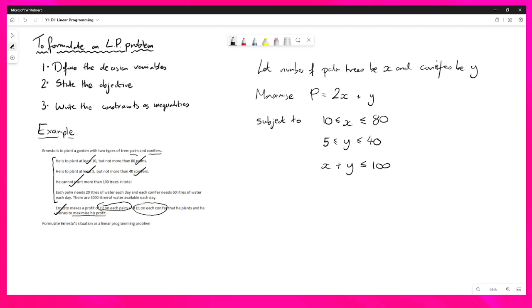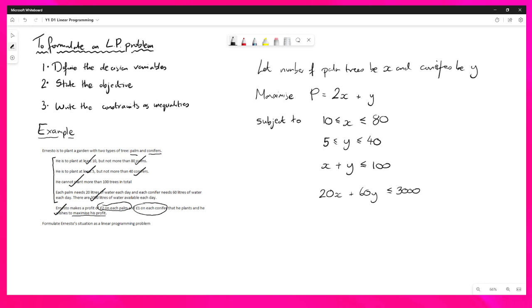So we're saying that the amount of water he uses is 20 litres times the number of palm trees plus 60 litres times the number of conifers. He only has 3,000 litres of water available every day. So the amount of water he uses must be less than or equal to that total.